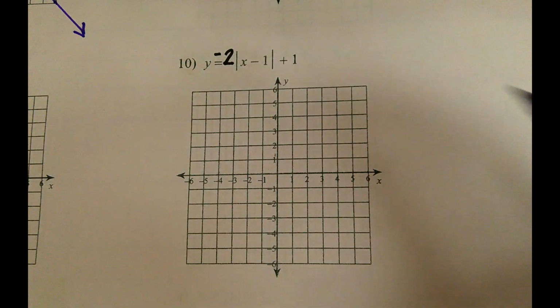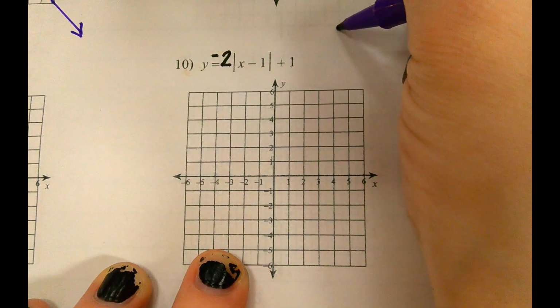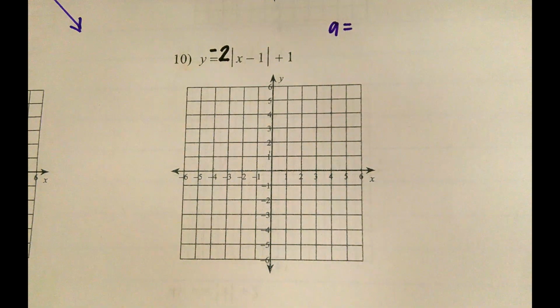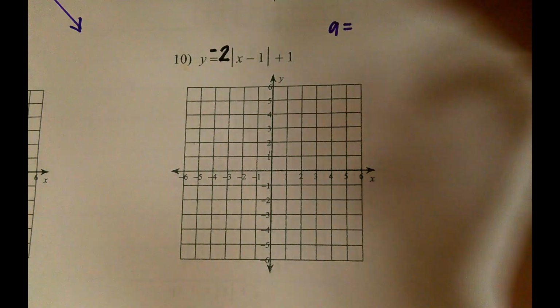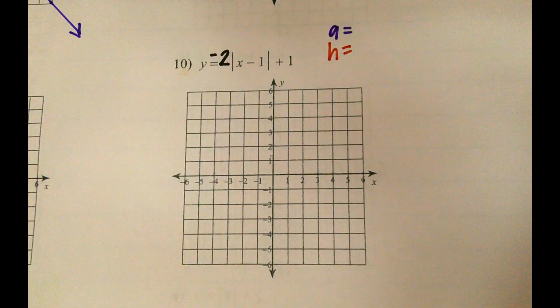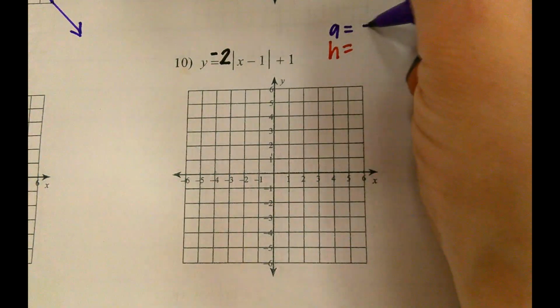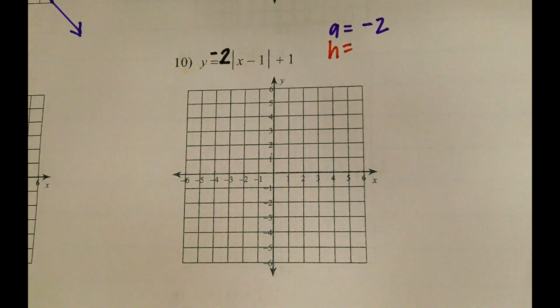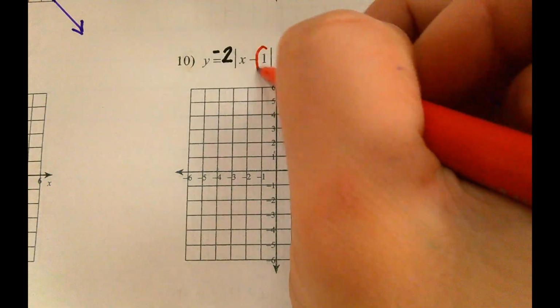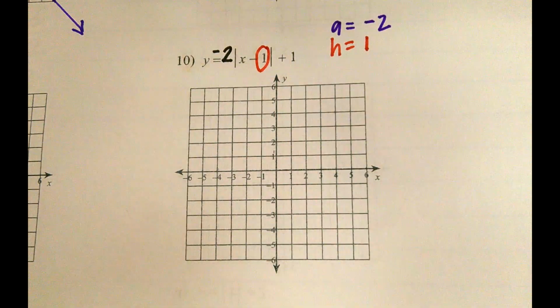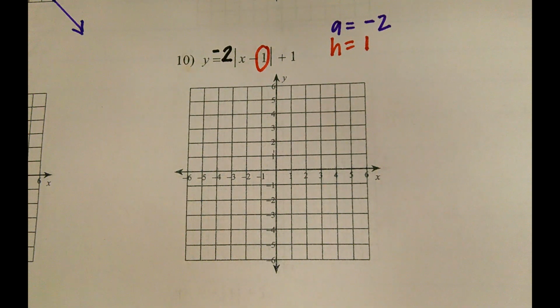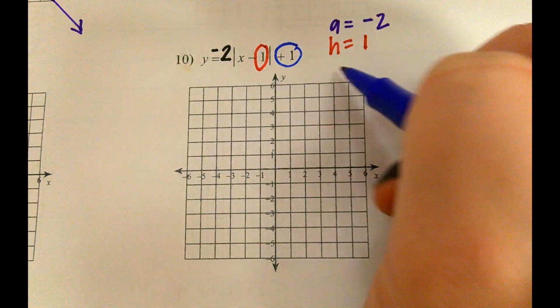All right, so let's do the same process. What is my A? -2. Yeah, I hope y'all got that. What's my H? 1. +1. Good. What is my K? +1 again.